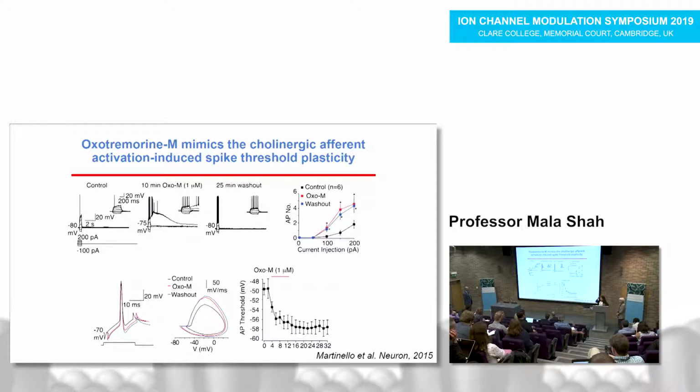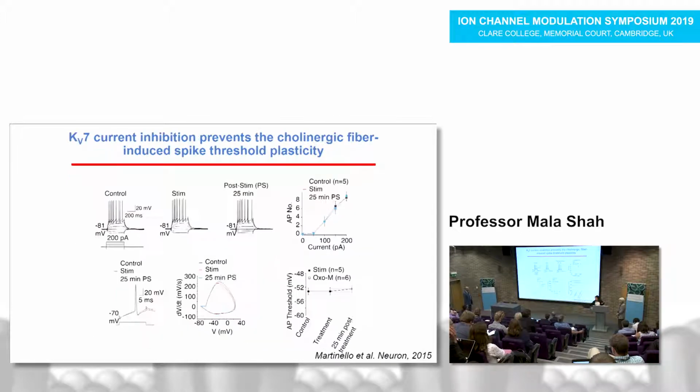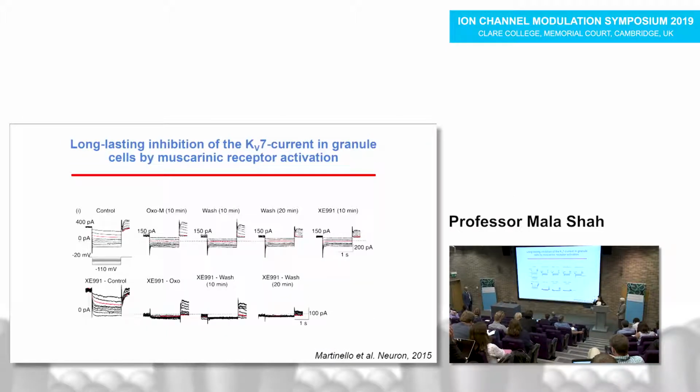So I think that the Kv7 current can be regulated in two different ways, either via the mGluRs or the muscarinic receptors, similar to what you showed yesterday. So maybe with the muscarinic receptors, you don't get such a large amount of change in the Kv7 current, but maybe it's via the mGluRs a lot.